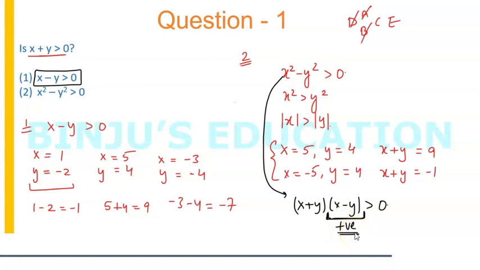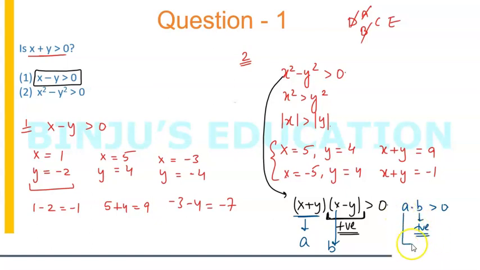Now if the product of two numbers is positive, and one of them is positive, can I say the other one has to be positive? For the sake of consideration, let's take x plus y to be a and x minus y to be b. So a into b is greater than 0. It's given that b is positive.